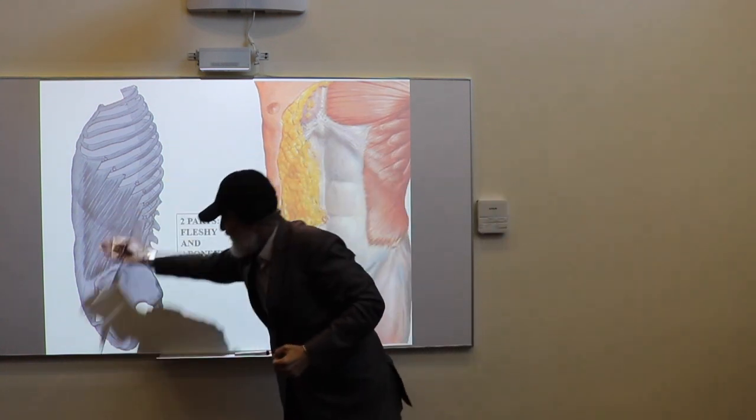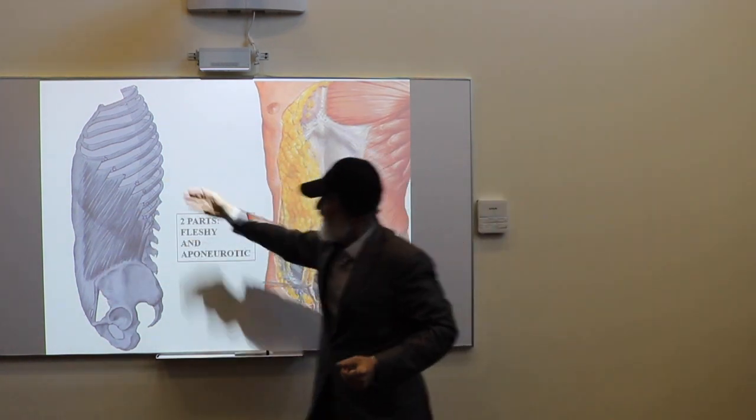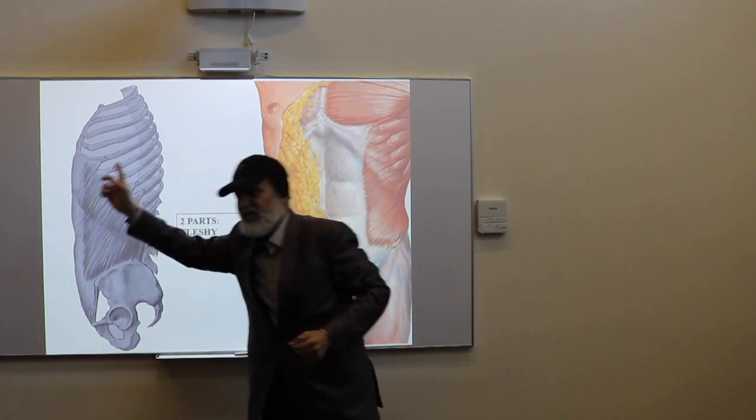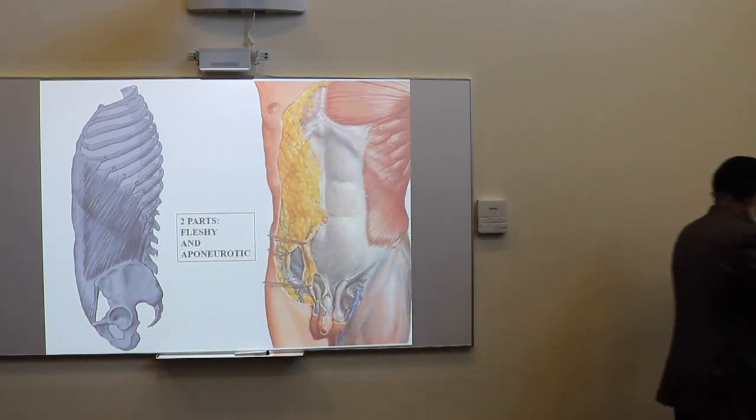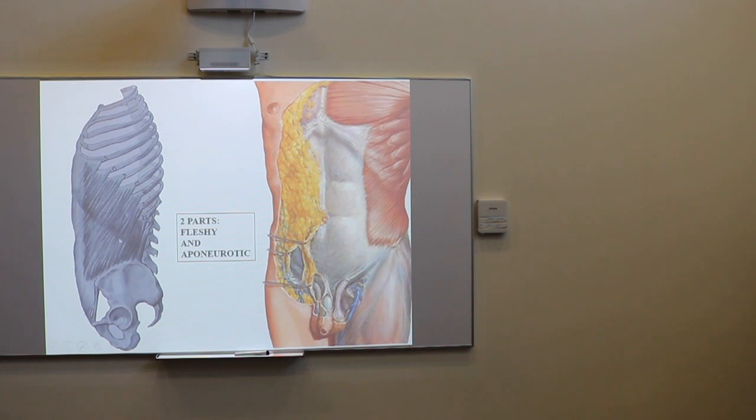So we have this fleshy part coming from here, inserting into the crest, and the fibrous insertion going into the linea alba. And this very important part here, look, this fleshy part is free.